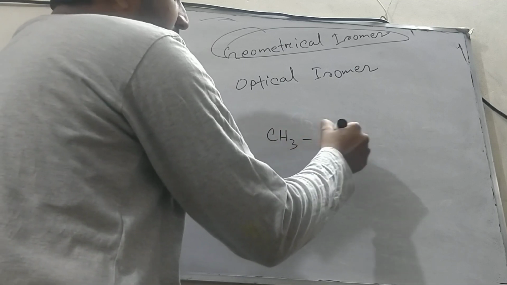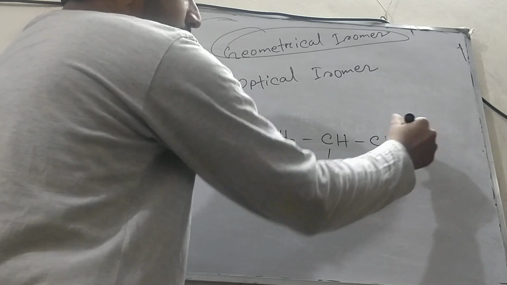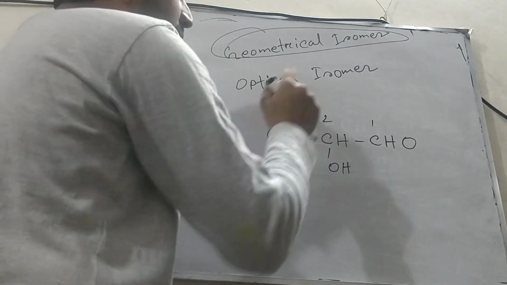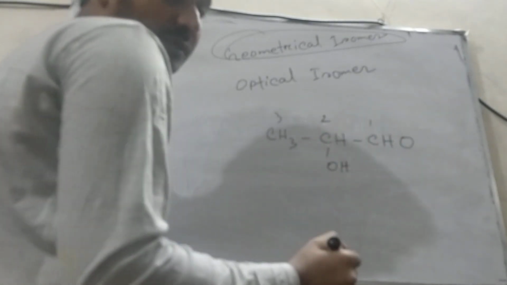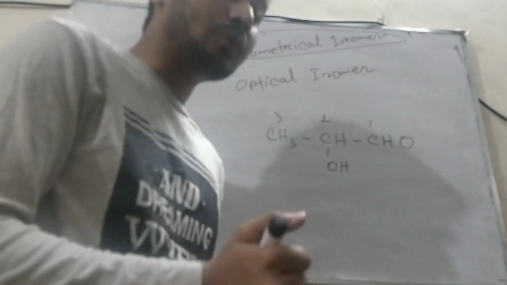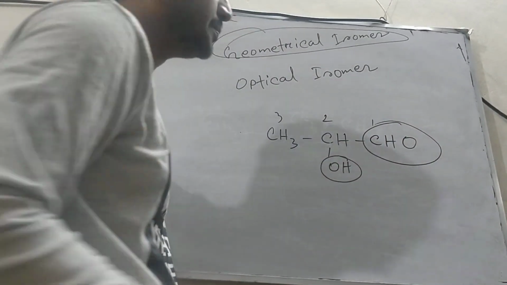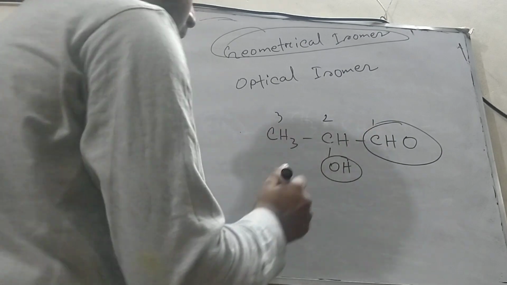You can say it: 1, 2, 3. So definitely it will be said 2-hydroxypropanal, because the alcohol is situated in carbon 2, and there is also the priority of the aldehyde group. That's why it will be said 2-hydroxypropanal.